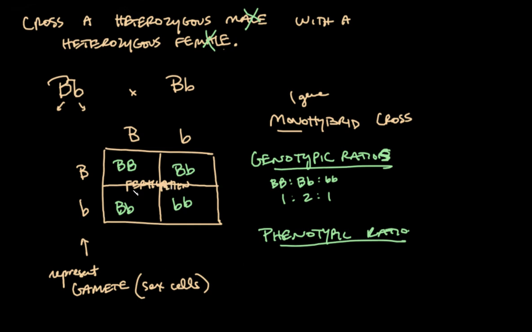And in the simplest terms, what we know is that 3 show the dominant trait, to 1 that shows the recessive, which is going to be a 3 to 1 ratio, because remember the definition of dominant is that there is a dominant letter present, and recessive is when there's no dominant letter present, and that's only in one scenario here. So we know that there's a 75% chance that each offspring by these 2 parents is going to show the dominant trait. Okay?